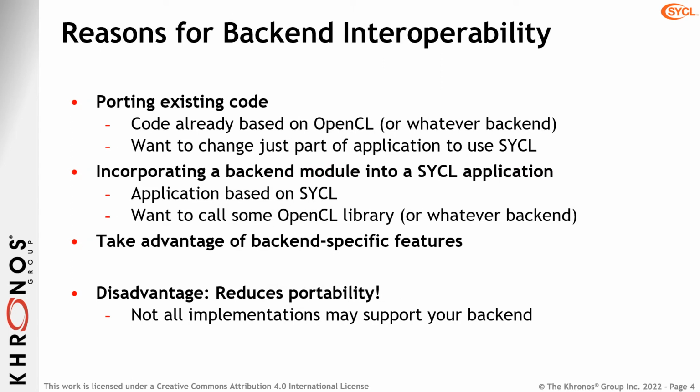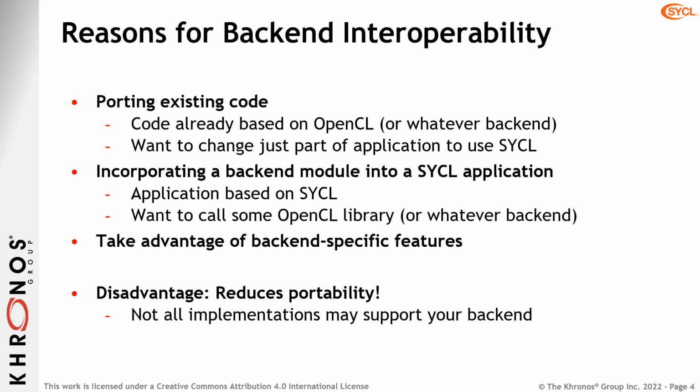Now, there are several reasons why you might want to use backend interoperability. The first is that you may start with some application that's already written in some backend. For example, maybe you have an OpenCL application, and you want to take that application and you want to either port part of it or augment part of it to use SYCL. Doing this would result in an application that's a mixture of both the backend calls and the SYCL calls, and the backend interoperability provides a way to do this.